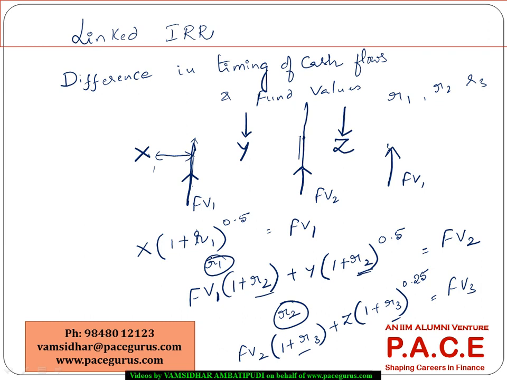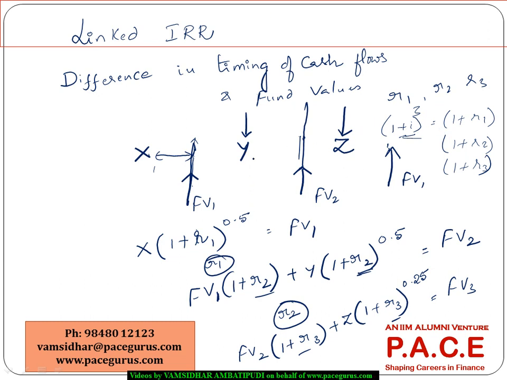So this concept will lead to different returns for the different periods, and if I really want to find out the overall return for this entire period, let's say this is a 3-year period, I can write it as 1 plus R1 into 1 plus R2 into 1 plus R3, and then end up finding out this I. This kind of rate of return is what we are calling the linked internal rate of return.